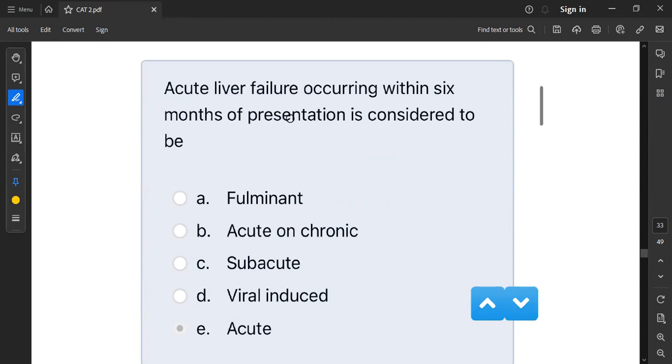Acute liver failure occurring within 6 months of presentation is considered to be, correct response, E, yes, acute.